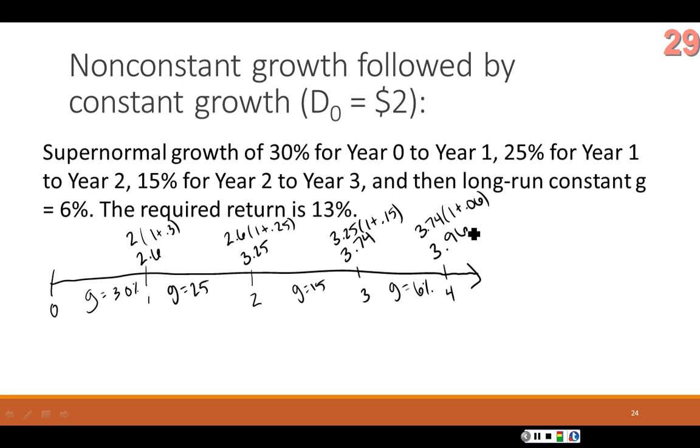So because the growth rate is not constant in years up until year 3, we can't use the constant growth rate model. We take the present value of each of these cash flows individually, or we use our cash flow worksheet on our financial calculators.